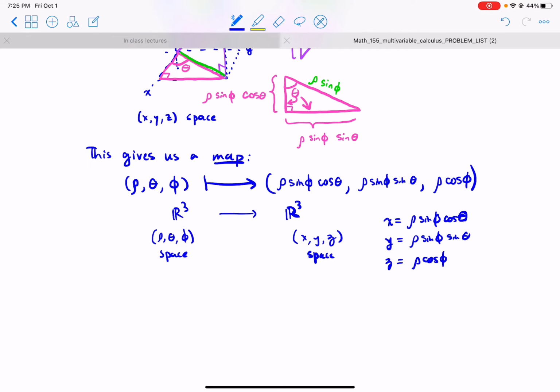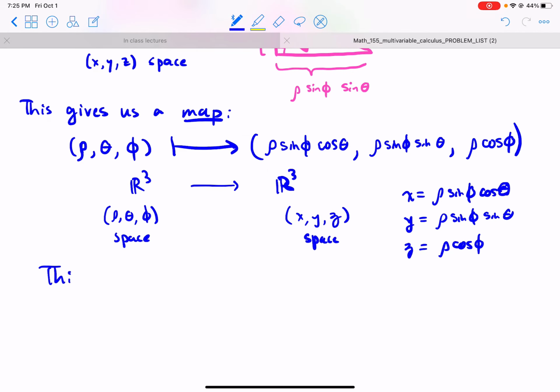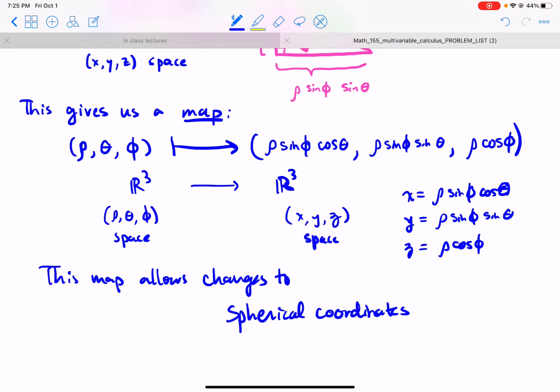Okay. And this map allows changes to spherical coordinates. That's what they call it.